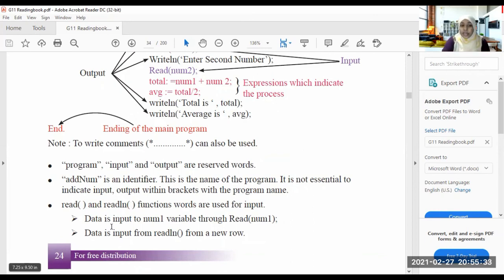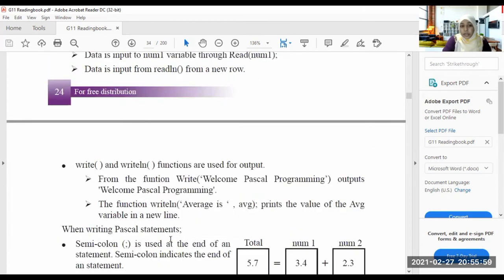So read: data is input to the num1 variable through read(num1). With readln within bracket, data is input from a new row. So readln means a new row. If it is a new row, you should write ln. It is a line, readln. So it comes in another line.